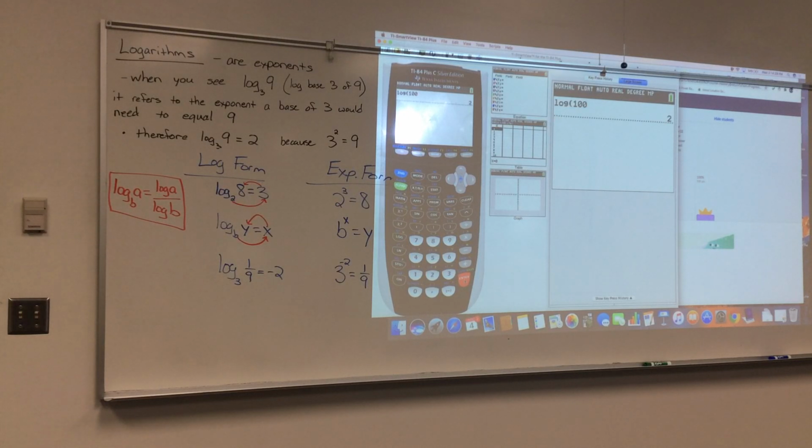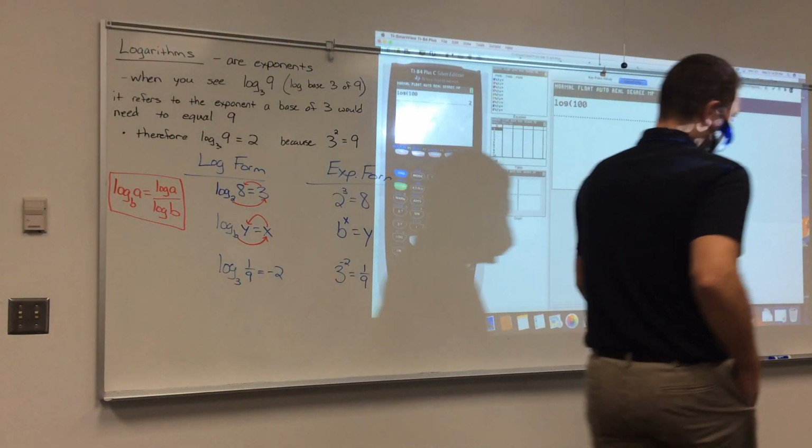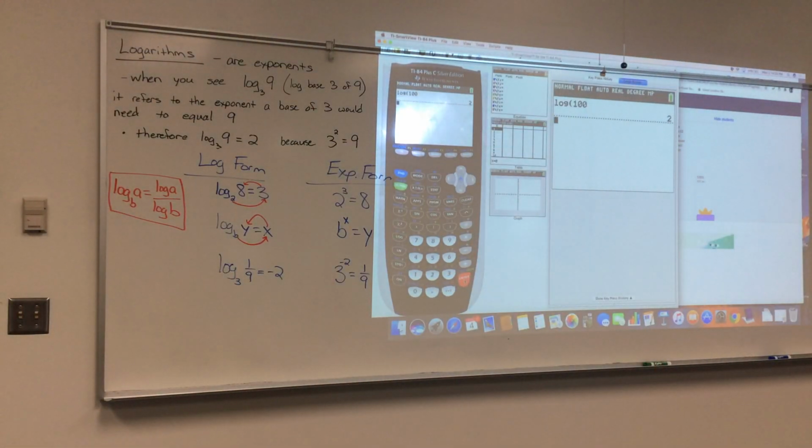Okay, awesome. So, let me show you a couple more answers to logarithms, and you'll be able to figure out what a logarithm is. Log of 1,000. Log of 1/10. Log of 10.